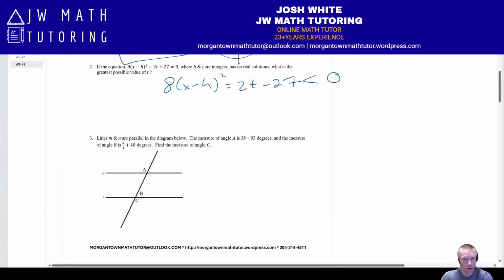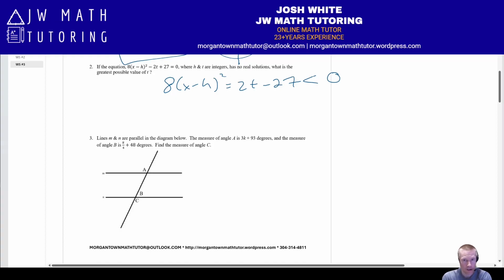If you try to solve this, you divide by 8 and then square root both sides. But if the right side is a negative value, and you square root that, it'll give you a complex number, i.e. no real solutions. Since that is what you are looking for, this is the inequality we want to set up. We want a negative on the right side.